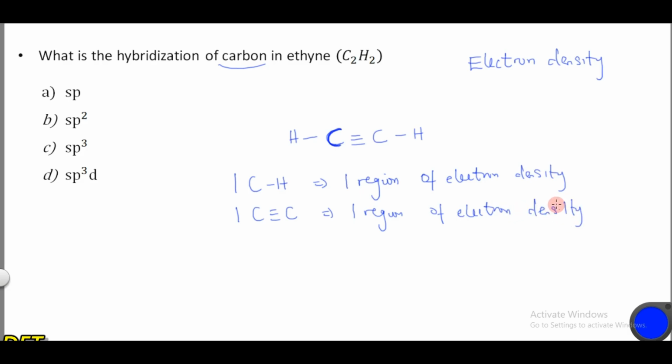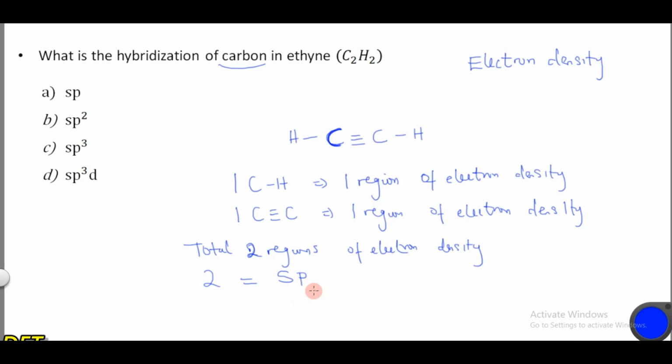So 1 plus 1 will give us a total of 2 regions of electron density, right? And 2 regions of electron density will be equal to what form of hybridization? It will be equal to the sp hybridization.